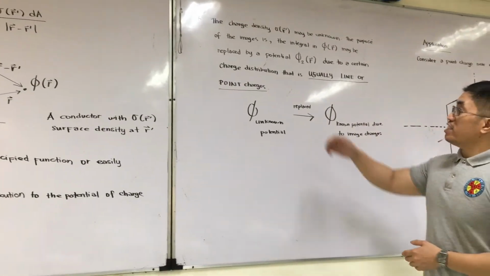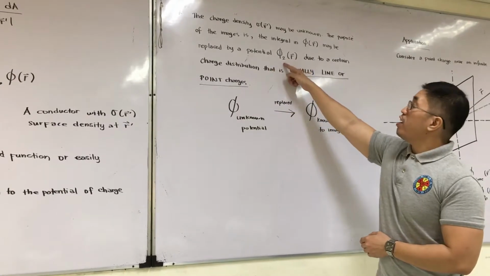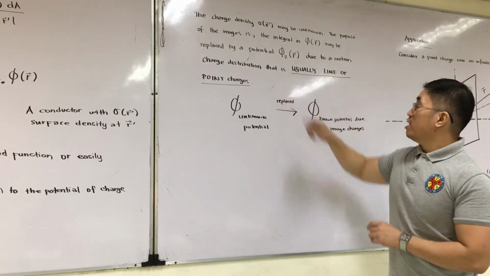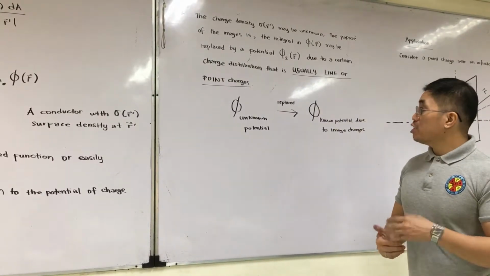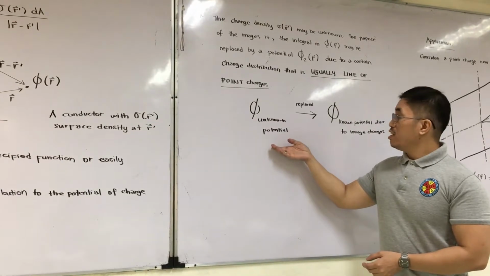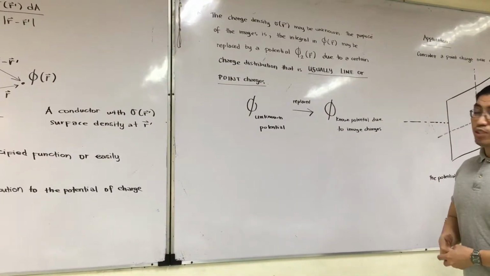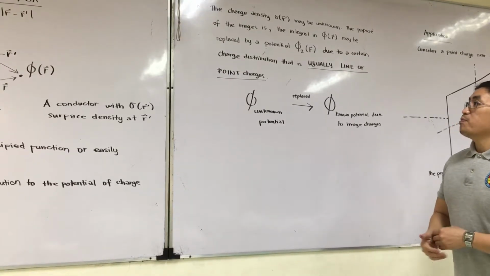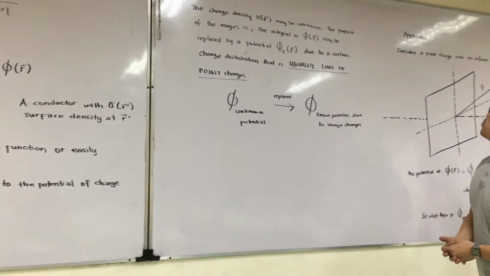We are to replace that integral with the potential phi 2 of r that would be due to a certain charge distribution, that is usually a line or a point charge. So that is, the unknown potential will be replaced with a known potential that is due to the image charge or charges for our system.